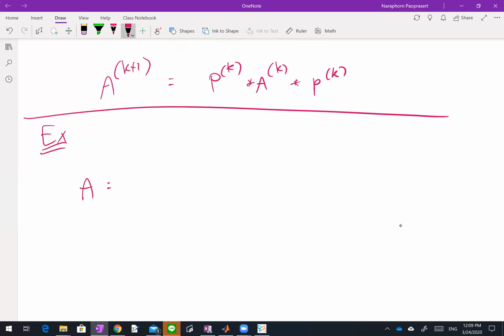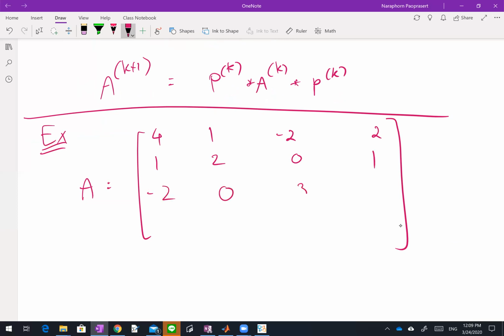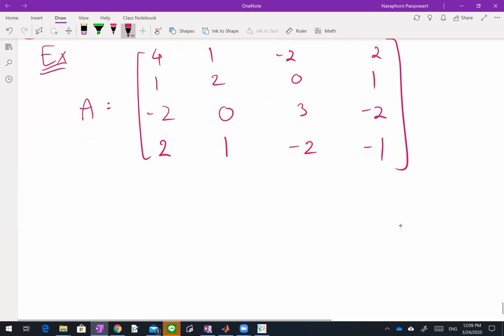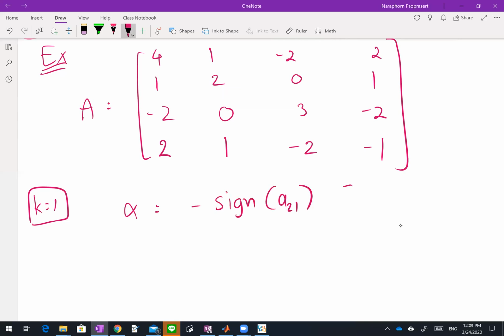So A is just 4, 1, minus 2, 2; 1, 2, 0, 1; minus 2, 0, 3, minus 2; 2, 1, minus 2, minus 1. So when k is the first round, we find alpha, so this is minus the sign of a21 times the summation j from 2 to n of aj1 squared, everything to the half.